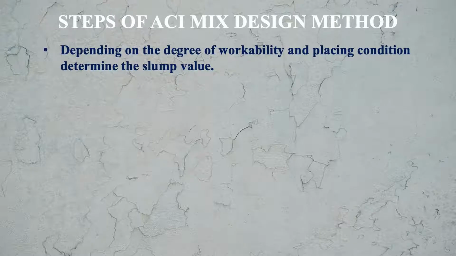Now let us see what are the steps of the ACI mix design method. First step is, depending upon the degree of workability and placing condition, determine the value of slump. Means first of all we have to find the value of the slump.